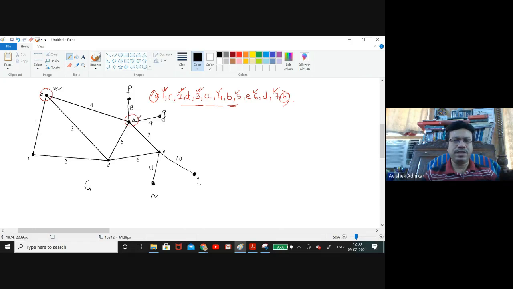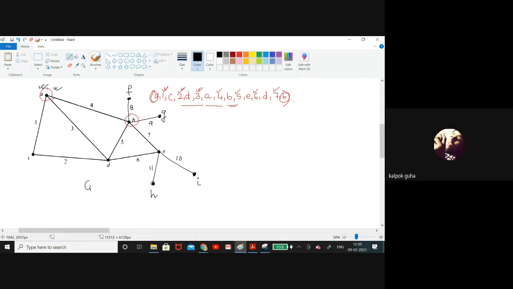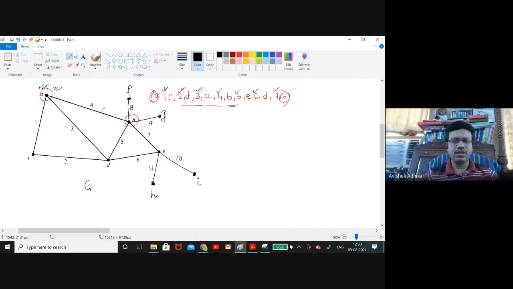Now my question is, is this graph a unicursal graph? Can you find a path starting from, say, A, and going to some particular vertex which is not A, exploring all the edges exactly once? Is it really possible? No, sir. It's not really possible, because once you go to some end, there will be no chance to come back here again, right? Then you will have to explore such extra edges twice.